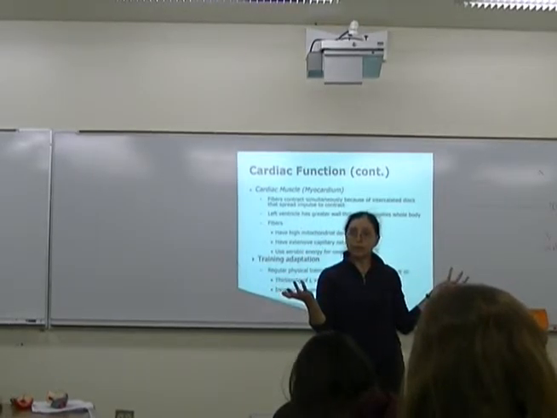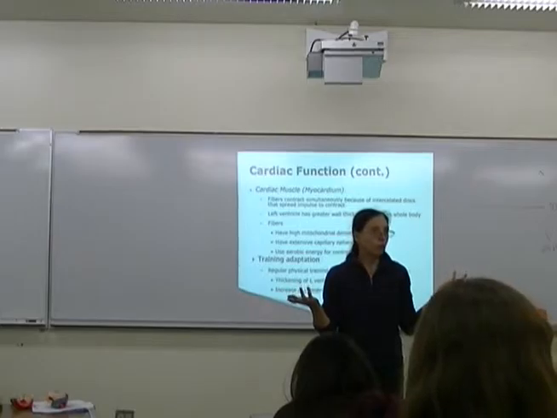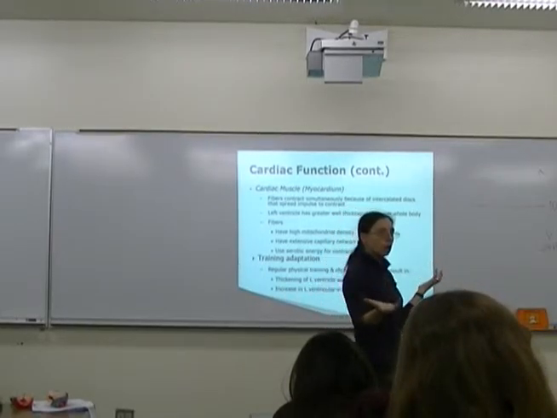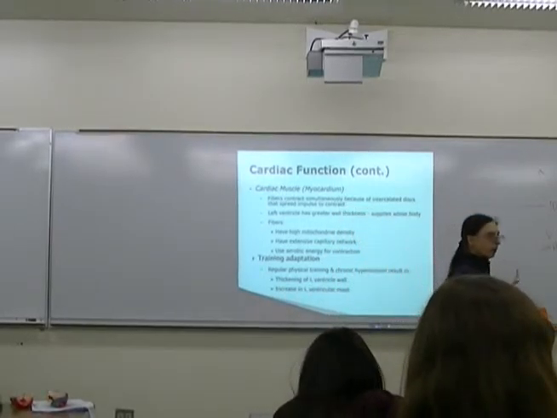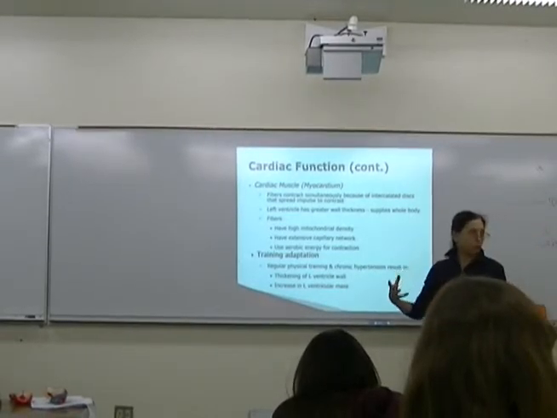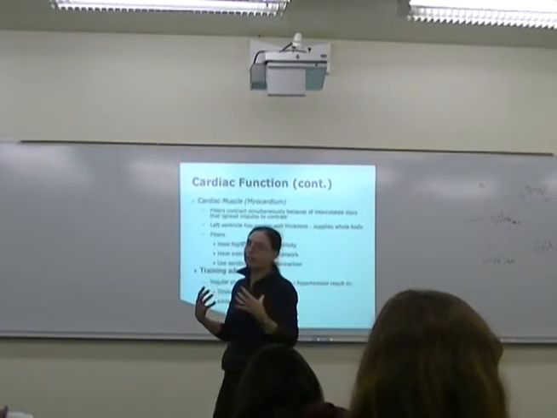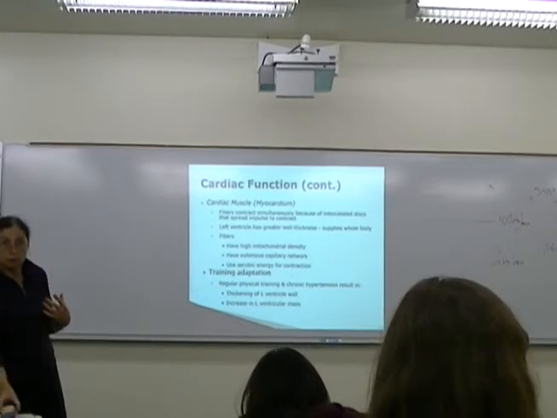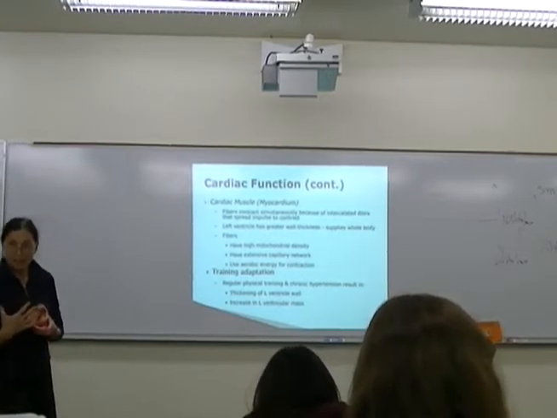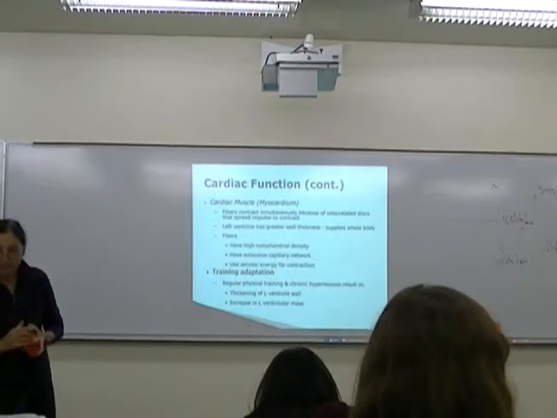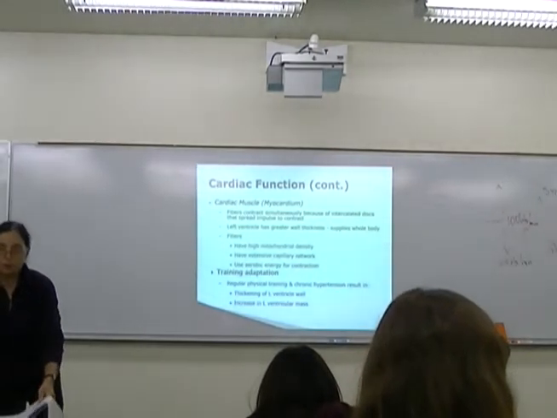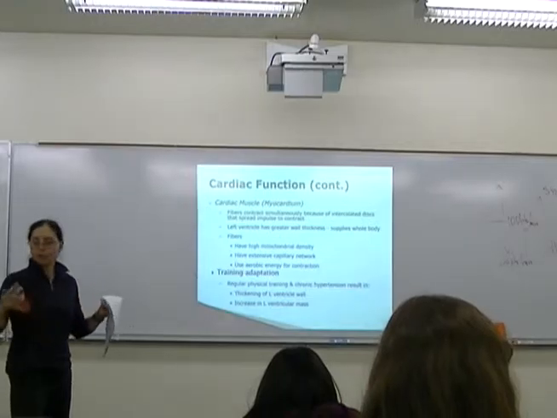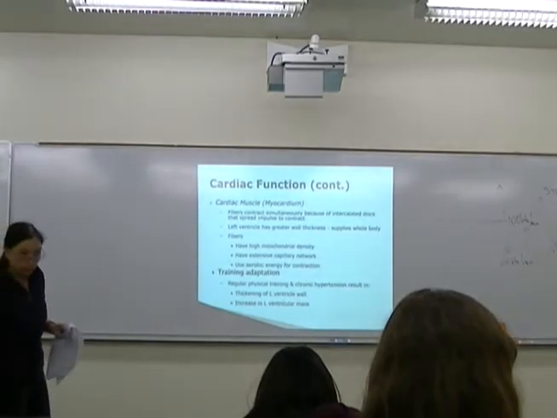Isn't that what you would expect if you were down in the gym? If I work harder with one arm, that arm's bigger and stronger. It's exactly the same in the heart. You just have to work out which side of the heart is doing the most amount of work. So when we exercise, the left side is doing even more work than it is at rest. And already at rest, it's working harder than the right side.